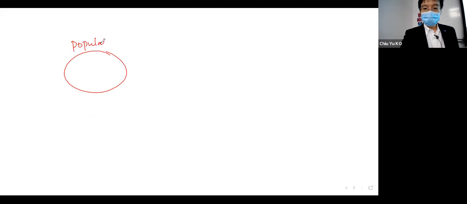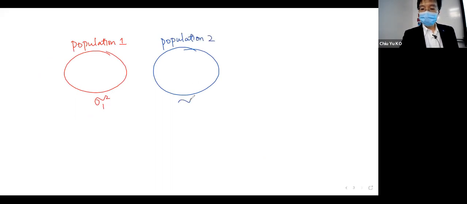Population 1 has sigma 1 squared, and I have another population here. They're independent, which means their variances are unrelated. What we are trying to test is whether they are the same.